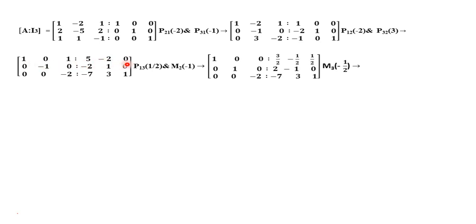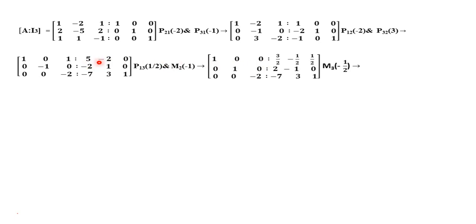So here we perform the elementary row operation on the third row multiplied by 1 by 2 and add it to the first row to get new elements 1 0 0. Here the 1 is there, and the 0 has changed.